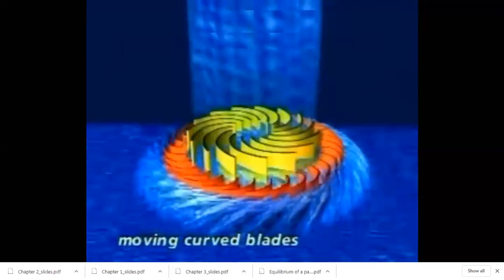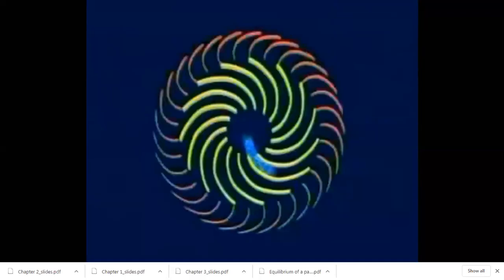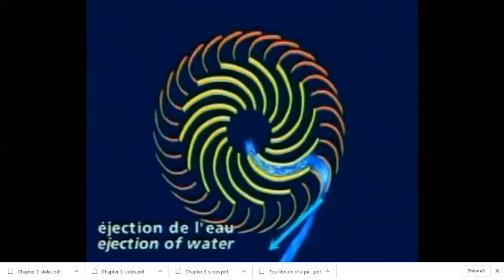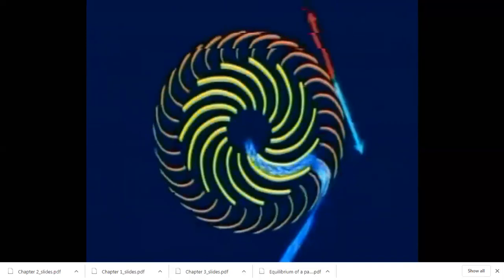First, the fixed blades will convert part of the pressure flow of water into kinetic energy. So in a first phase, you will convert the pressure of your flow into kinetic energy, so the velocity will increase. This is when going through the fixed blades.